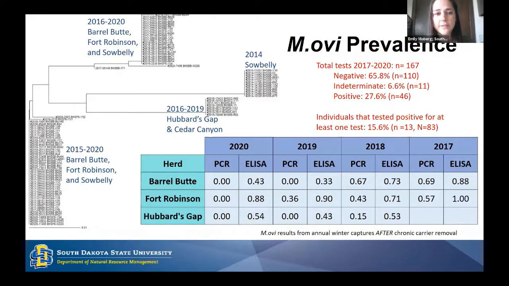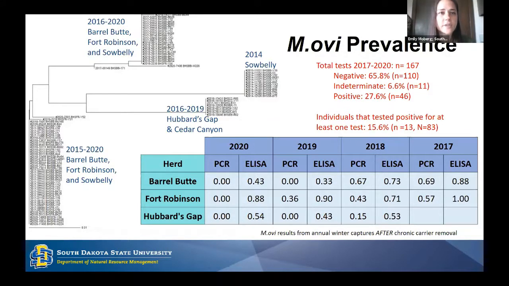Fort Robb, we still had a few maybe intermittent shedders, or that 1 lingering chronic shedder that we removed in 2020. The only tests we saw in Hubbard's Gap, we had 3 out of 20 that tested positive for MOVI in 2018, but then after that, they were completely clear.